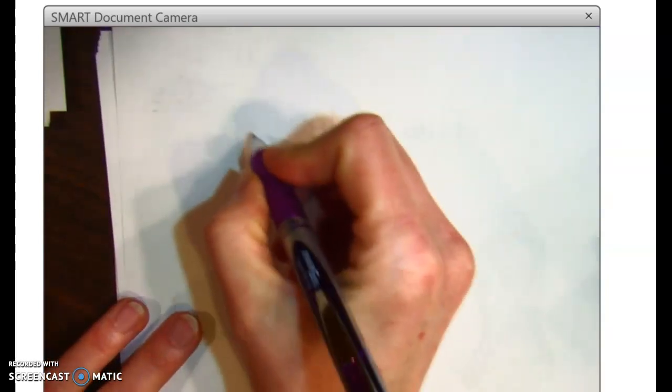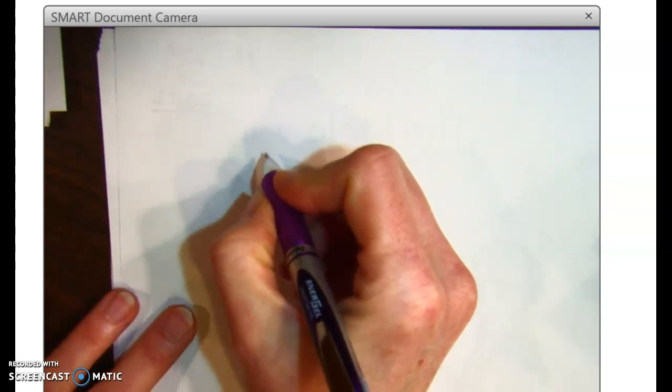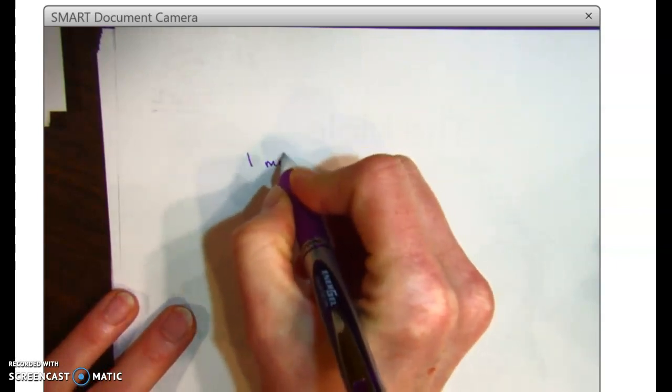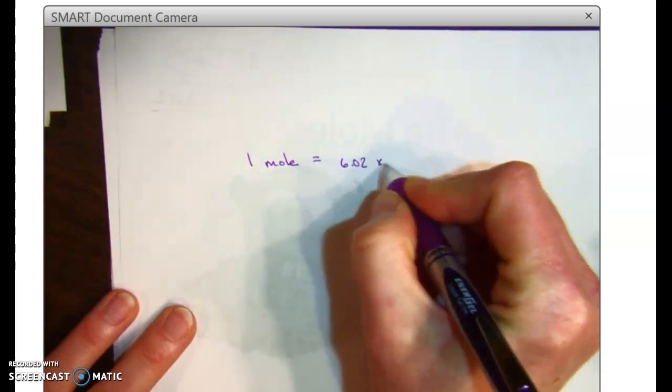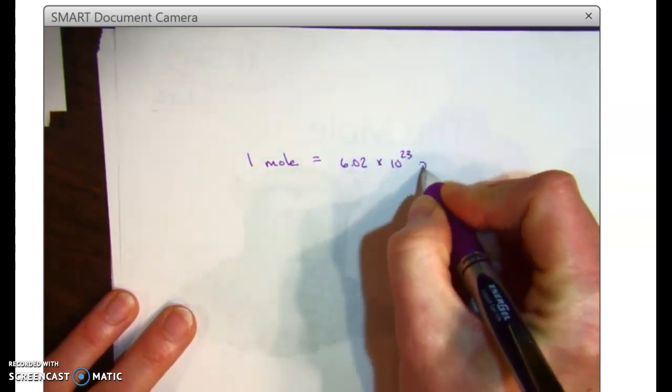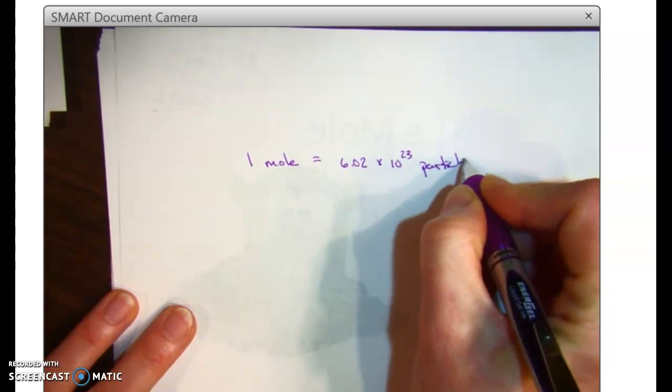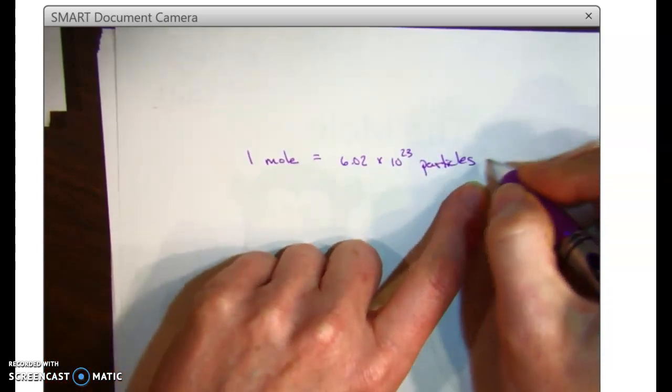So if you want to flip over, at this point, this is what you should have in your notes if you don't already. We have gone over that 1 mole of anything is equal to 6.02 times 10 to the 23rd particles. Now, particles is the generic term.